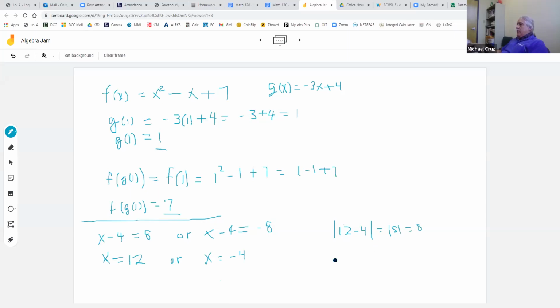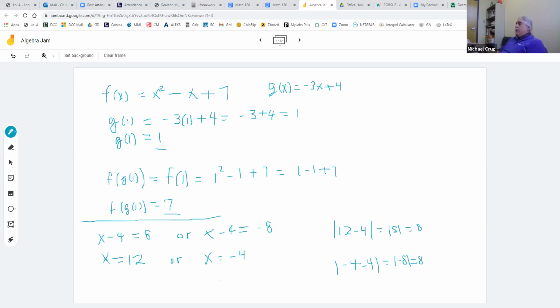And then also negative 4 minus 4 gives us the absolute value of negative 8, which is also equal to 8. So see, both of those work by just dropping the absolute value symbols and writing it just like that for one of them, and for the other one you change the 8 to a negative 8.